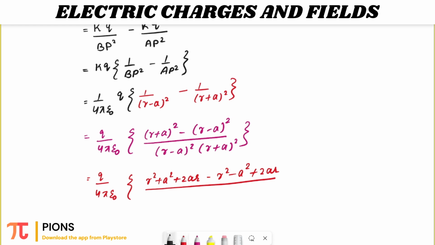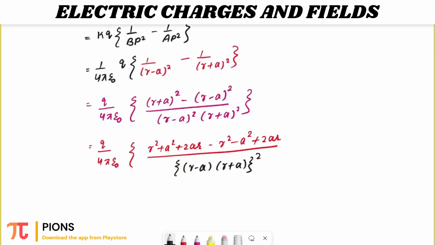Now, in the denominator, we can rewrite this expression as R minus A, R plus A whole square. Sir, how can you write that? X square into Y square will be written as X into Y whole square. Yes, so that's the same thing.